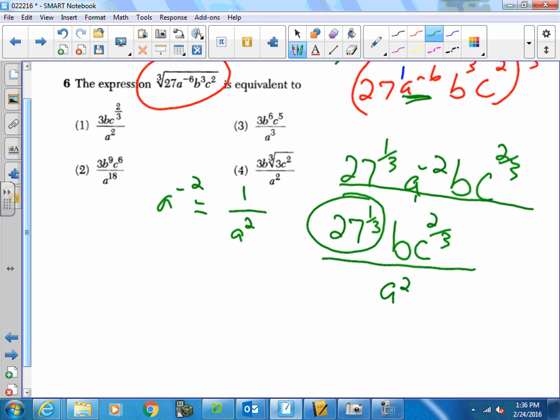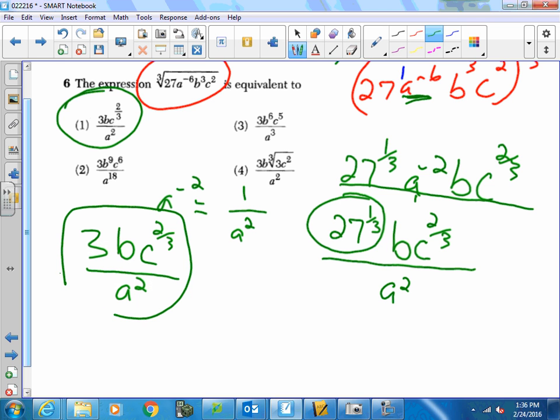So you're going to have 3, and then B, C to the 2/3, and then over A squared. Now, let's see if we see that. Looks like we do see that, and your answer is number 1. So that's for that.